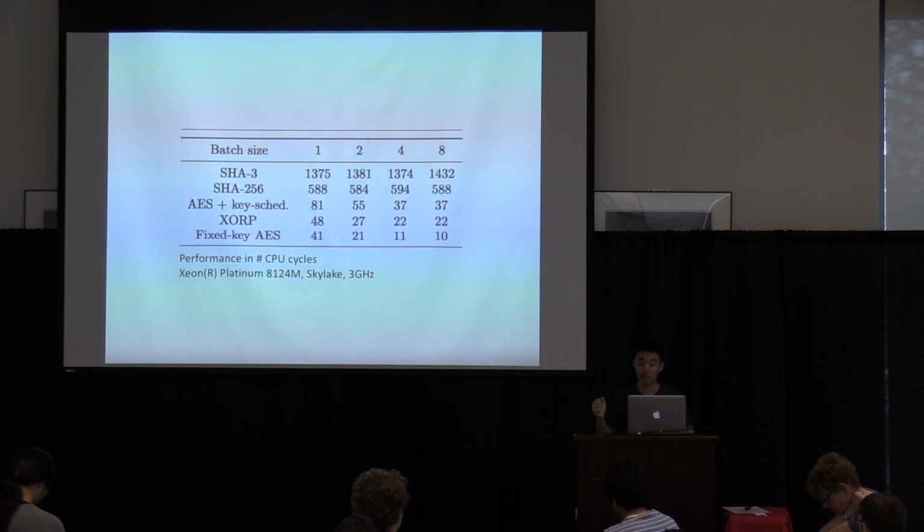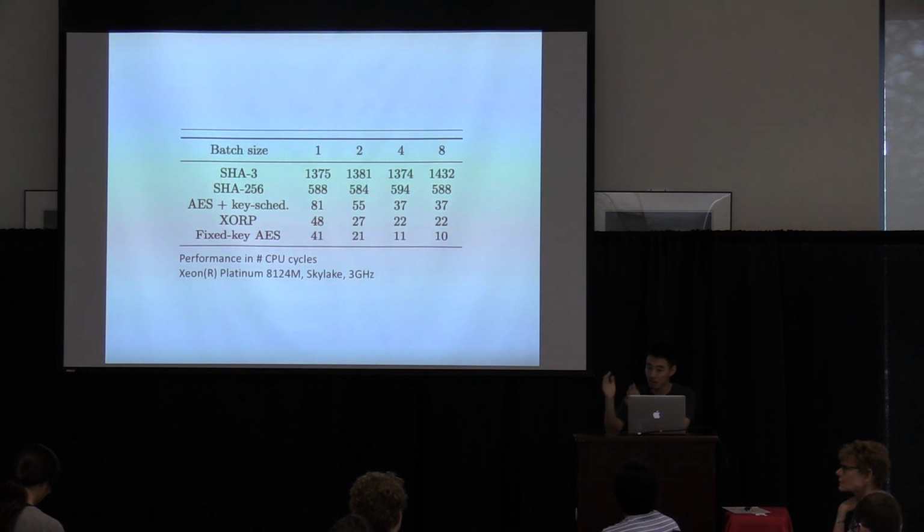I also found a paper that benchmarked SHA-NI, and the performance is about 3 times better than what's reported here. Hardware implementation of AES is still at least 10 times better than SHA-NI, mostly because SHA has many more rounds than AES.